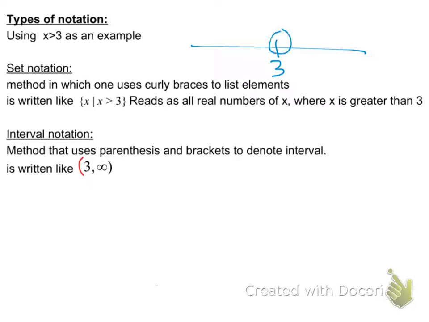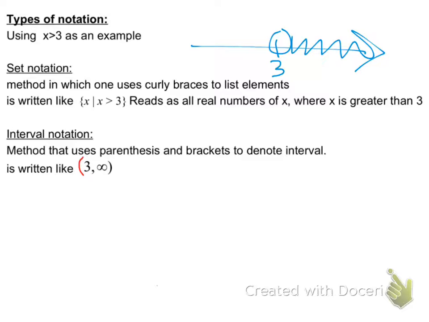It's an open dot because it's not included, and I would have to shade to the right. That's what the graph would look like. That's the inequality. What would it look like in set notation? Set notation uses curly brackets to list the elements or to say what's in it. So that particular problem would state with a bracket x, we're talking about x, such that, that's why the straight line's there, x is greater than 3.